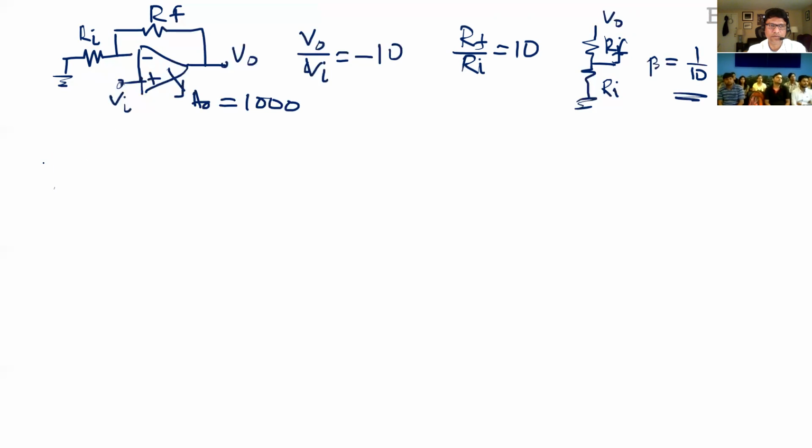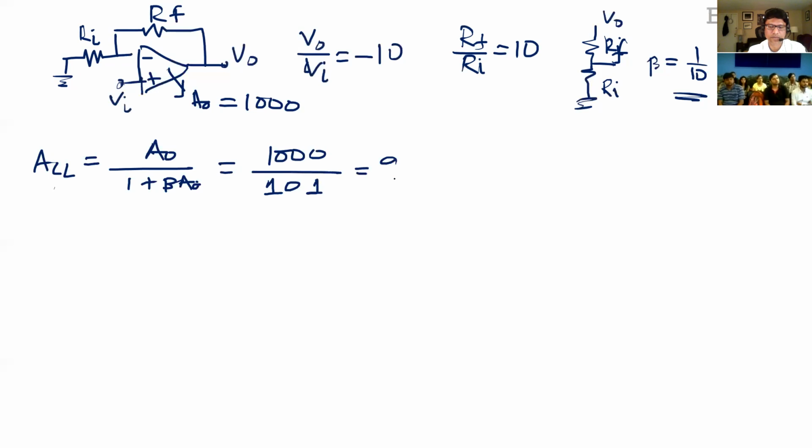Now, if you write the closed loop transfer function, that's A naught over 1 plus beta times A naught. And in this case, it'll be 1,000 over 101, which is roughly 9.90099, right?